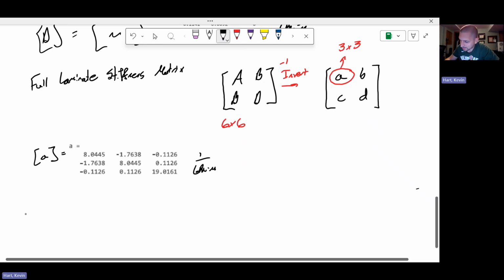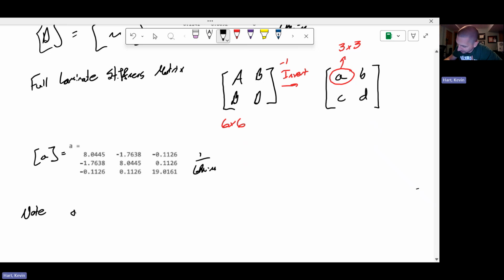Now, you want to calculate E bar X. We know or note that A11 is 1 on H times E bar X. This is in the notes. It's derived in the notes. You should be able to sort of get yourself there. So that means that E bar X is 1 on H times A11. So here, this is 1 on, the total laminate height is 3 millimeters.